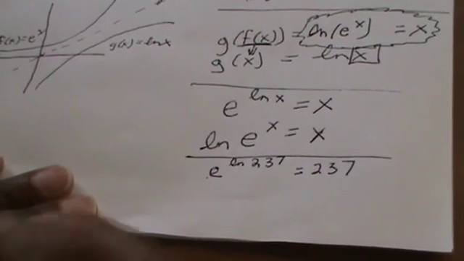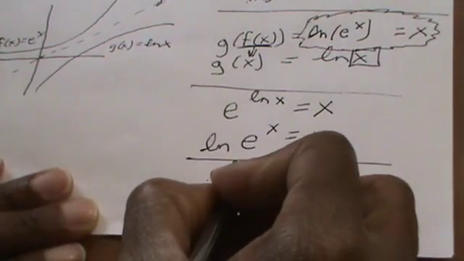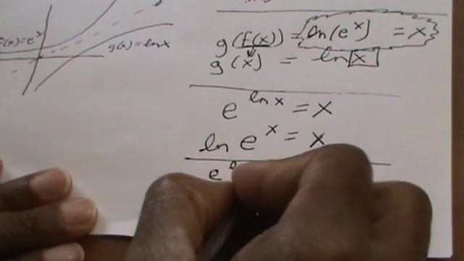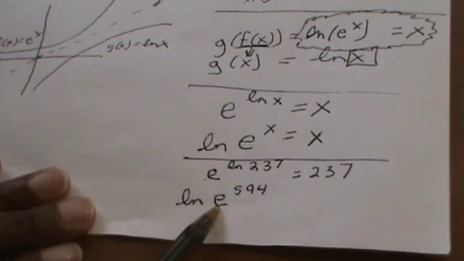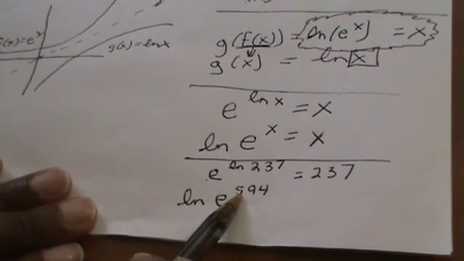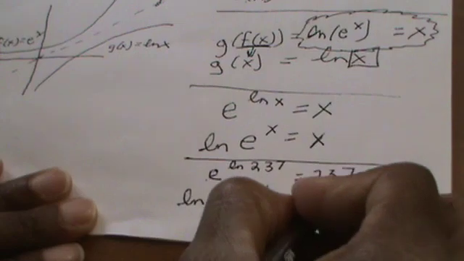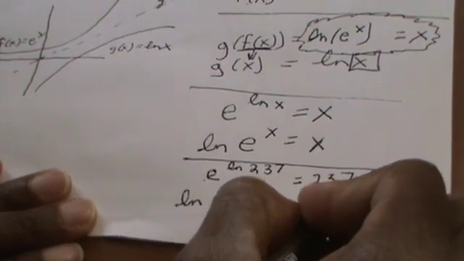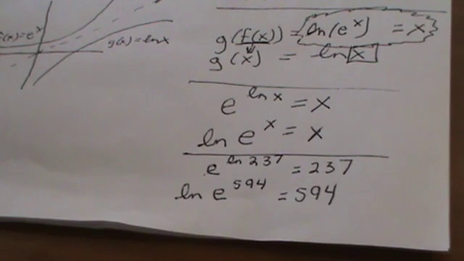What would happen if instead I had the natural log of e to the 594? Right, so now the natural log is going to act on the e, and those will cancel each other out and leave you with just 594. So that's the general idea about how e and the natural log interact with each other.